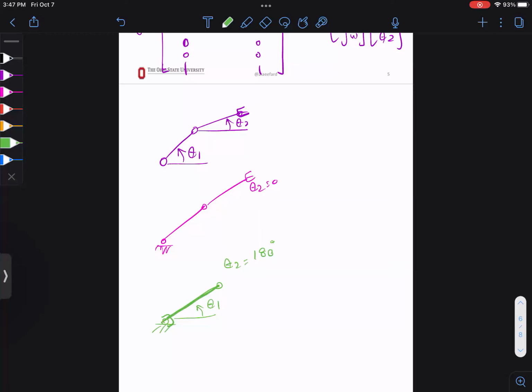What you do with singularity is avoid that configuration. So if you're coding, your angle will not start from 0, it will be from parentheses 0 to parentheses 180, and then parentheses 180 to whatever. That means it excludes those values. Does that make sense? So you have to consider that in your robot.